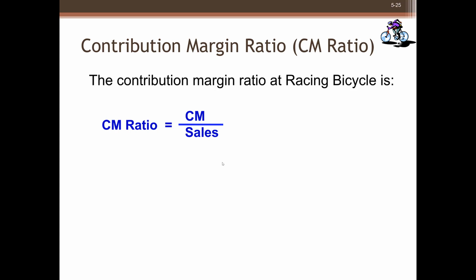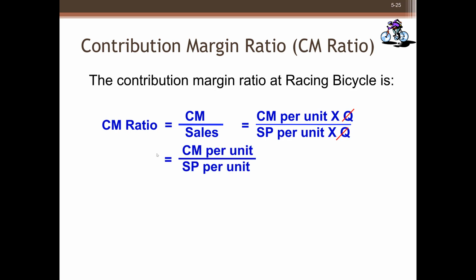If we rewrite this, we get CM per unit multiplied by Q, the quantity, divided by selling price per unit multiplied by Q. We cancel out the Q from numerator and denominator, and CM ratio equals contribution margin per unit divided by selling price per unit.